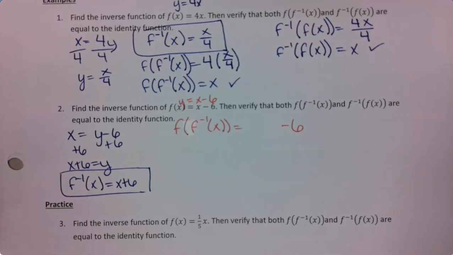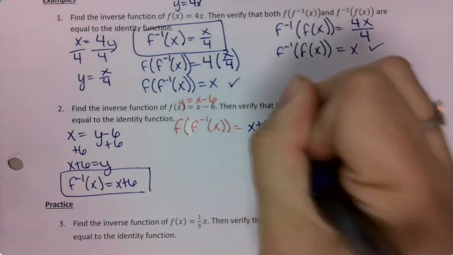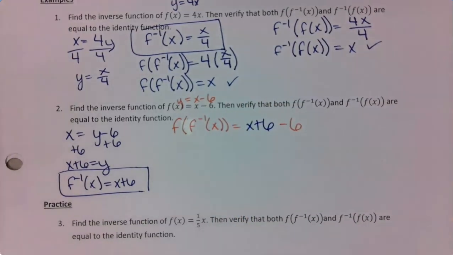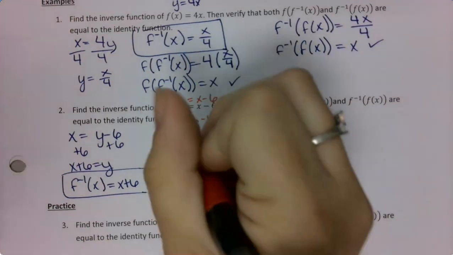So this is the one where I'm plugging in x plus 6 for my x value. Okay, so what does this simplify to? X, so that's good.